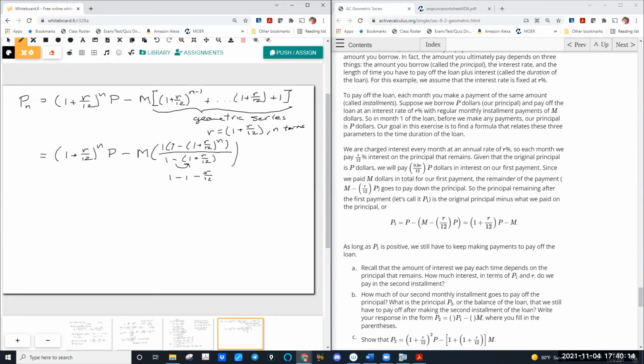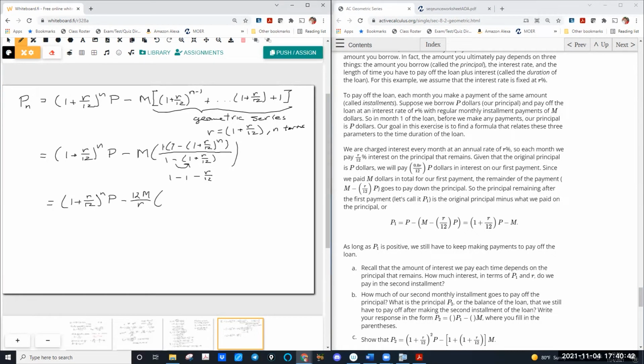Remember what happens when we divide by a fraction? We can multiply by the reciprocal. So what we're going to have is 1 plus r over 12 to the n times p minus, now we're just going to multiply by 12 over r, so 12m over r. That gets rid of that whole denominator.